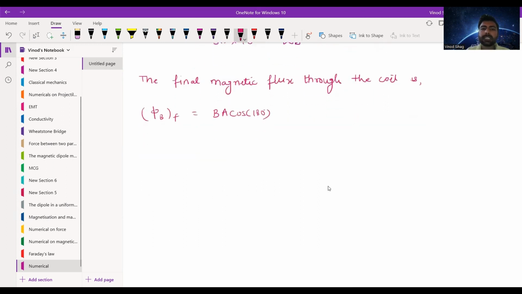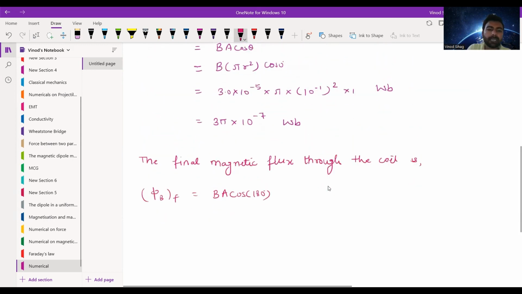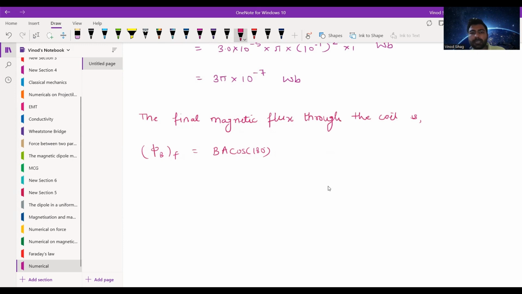Here the magnetic field is not changing, nor the area, so the value will be the same, but it will be multiplied by cos 180 degrees. The value of cos 180 degrees is minus 1. So we place the values: 3.0 into 10 to the power minus 5 into pi into 0.1 squared into cos 180, which is minus 1, and the unit will be Weber. So we get minus 3 pi cross 10 to the power minus 7 Weber. So this will be the final flux.